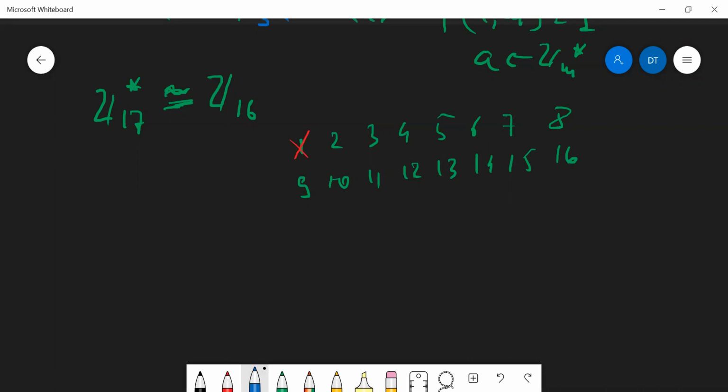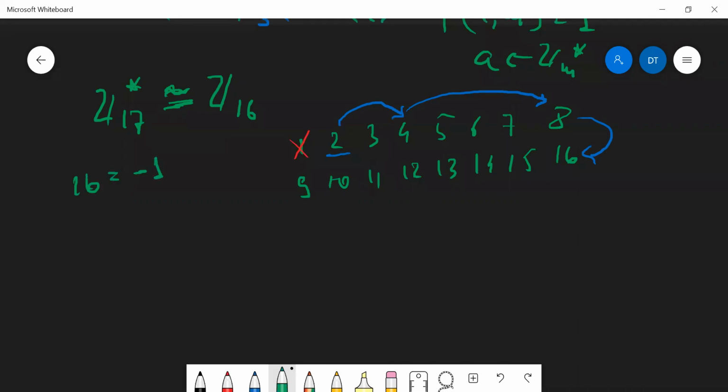Well, first, let's take randomly any number. The best choice is the smallest possible, which is 2. Let's try to raise it to a power. 2 squared gives us 4. If we multiply 4 by 2, we get 8. If we multiply 8 by 2, we get 16. And actually, 16 is the same thing as -1.